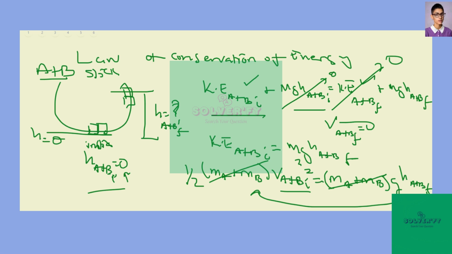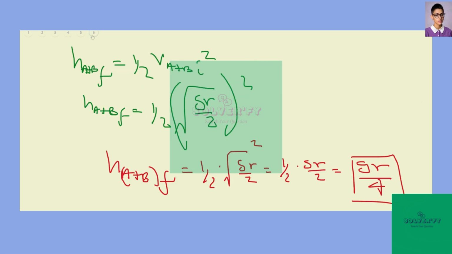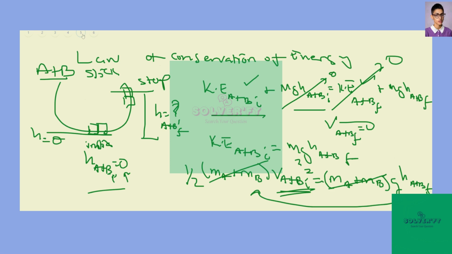So that cancels out. The final kinetic energy is 0 because when they stick together, it stops right there. We use that and solve for the initial combined velocity of A and B. We're going to use that initial combined velocity and compare that to the final potential energy of A and B. And in the last step, we end up solving for the final height.